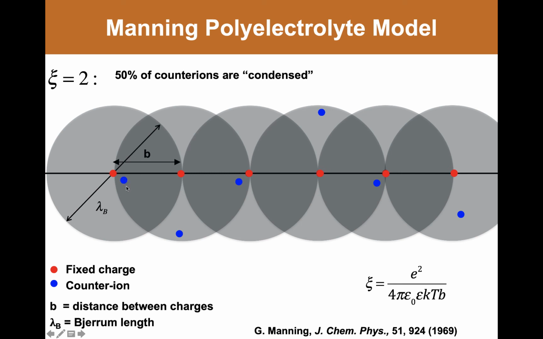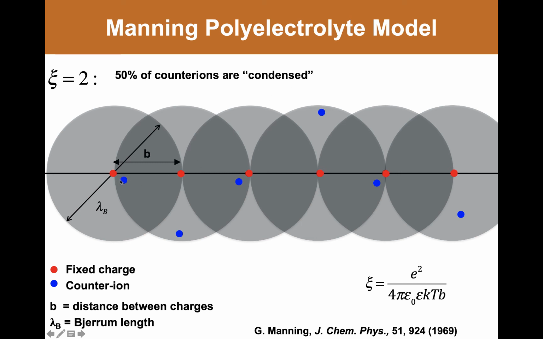And Manning would say that these ions that are trapped in these regions of overlapping electrostatic field are condensed, because they're really restricted to staying very close to the polymer backbone, and just don't have enough energy to diffuse away from it. And so those ions are called condensed in his model.